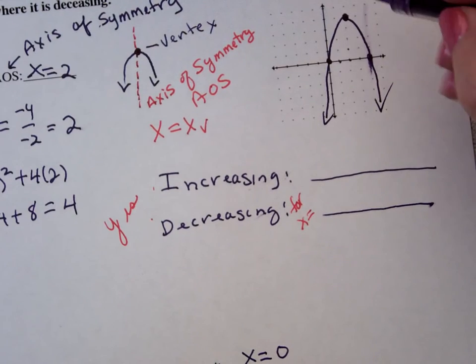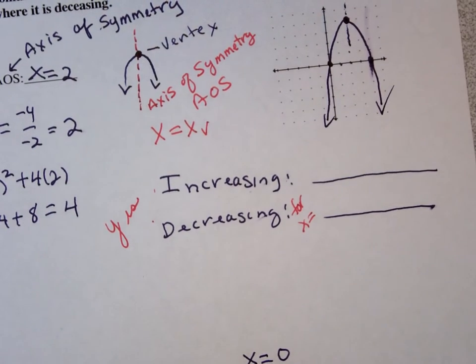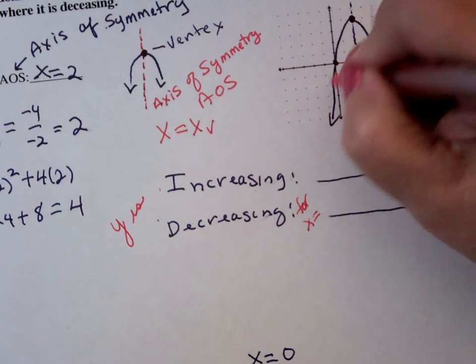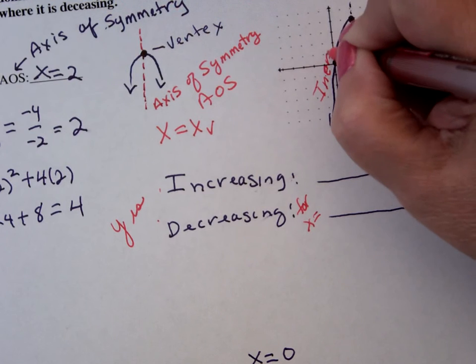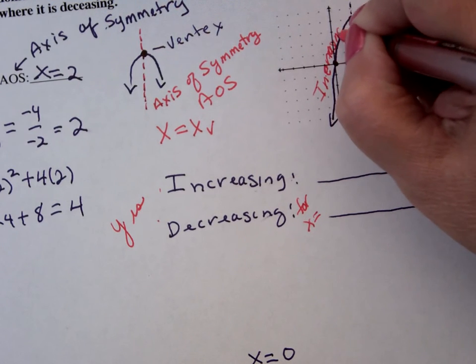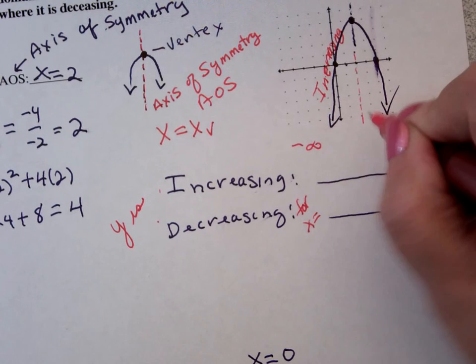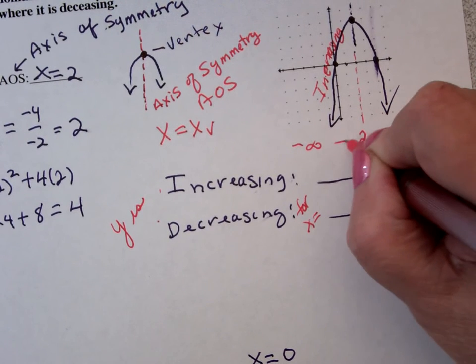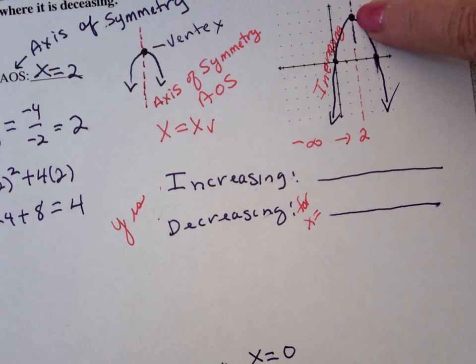However, I notice that if I move from left to right, that y is increasing from x equal minus infinity to 2. And that's the vertex.